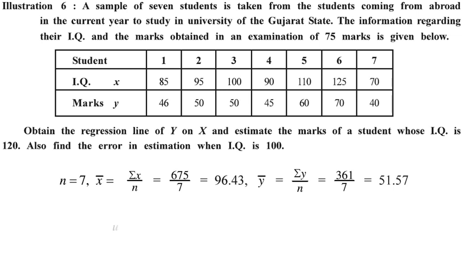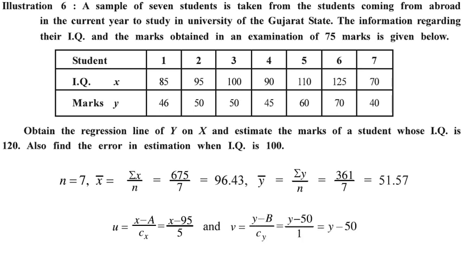Looking at the question, you can see that x is completely divisible by 5. All the values are divisible by 5. So for estimation of u, I have divided it by 5. For v, it could have been divisible by 5 if not for the 46 marks in the very first observation.